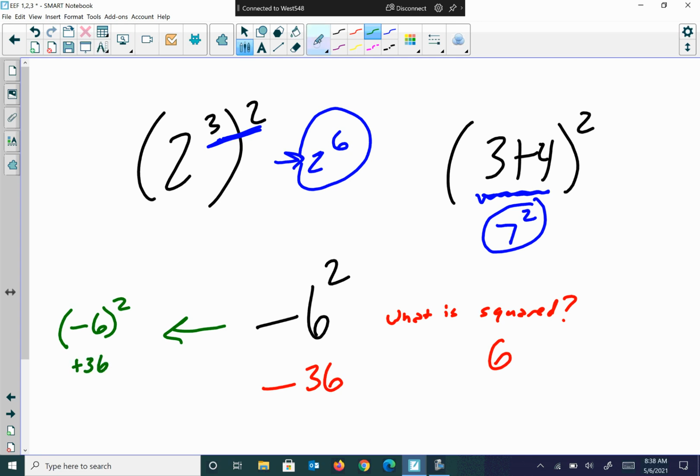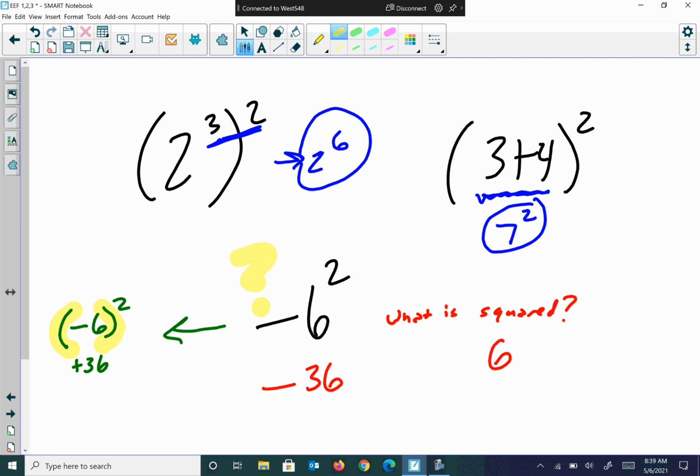So the big difference between these is I have parentheses, and I don't have parentheses here. If I cube a negative 36, and we put it in parentheses, a negative times a negative is a positive. A positive times a negative is a negative.